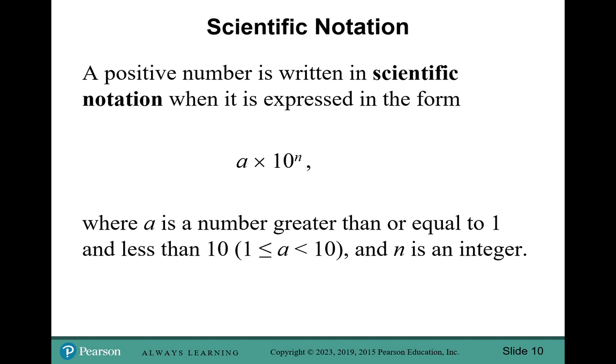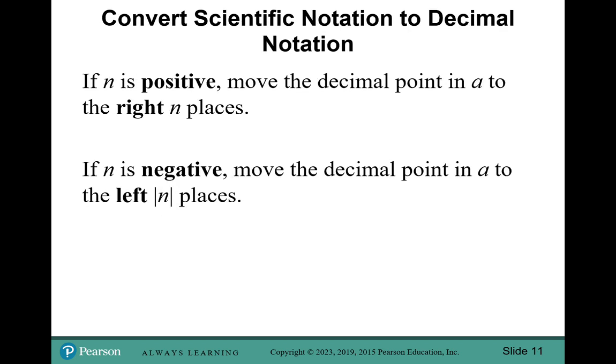A can be 1, but it cannot be 10. It has to be strictly less than 10. And n is an integer. If n is positive, we're going to move the decimal point in a to the right n places. And if n is negative, we're going to move the decimal point in a to the left the absolute value of n places.